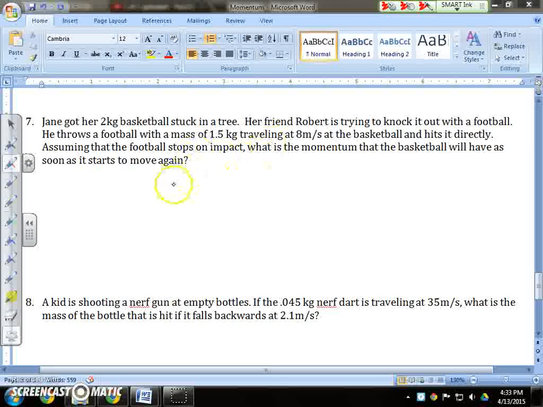So we know that momentum 1 is going to be the basketball. Actually, it really doesn't matter either way. We'll call P2 the football. I hemmed and hawed for a second because the football is the thing that's moving first.